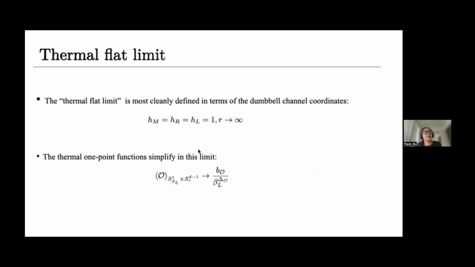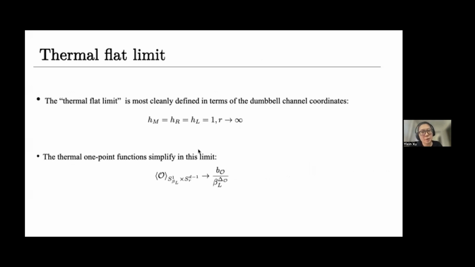Okay, so finally, we're ready to discuss the thermal flat limit. As I mentioned before, the thermal flat limit is defined as a limit where R goes to infinity. But in addition to that, we want to turn off all the angular fugacities just for simplicity. So in the dumbbell channel, as we already discussed before, the two tori on both sides will basically blow up to become cylinders.